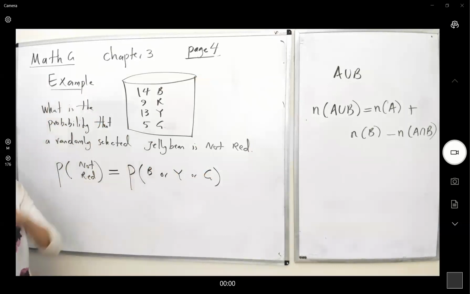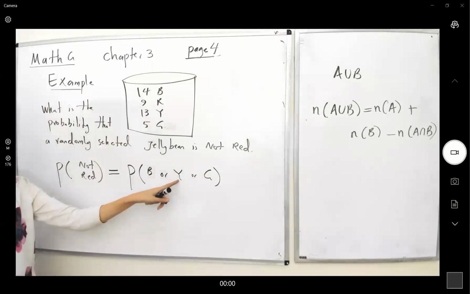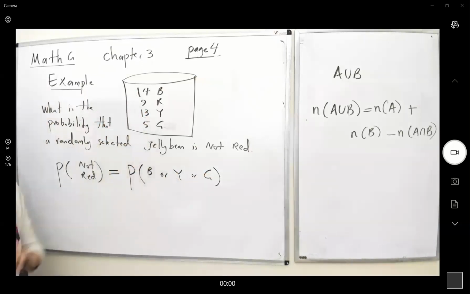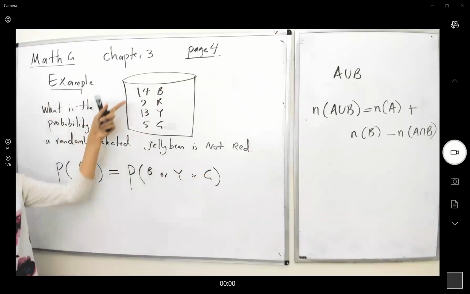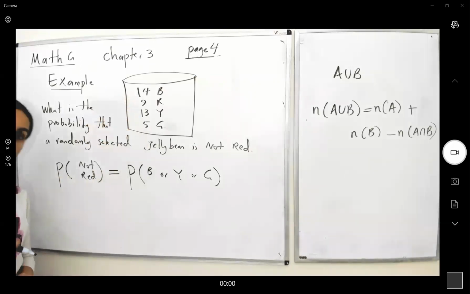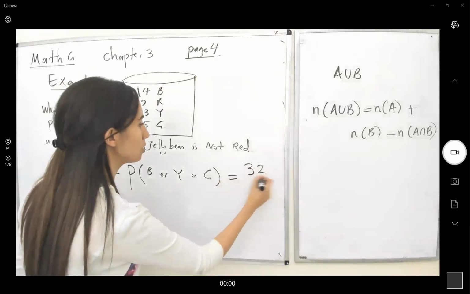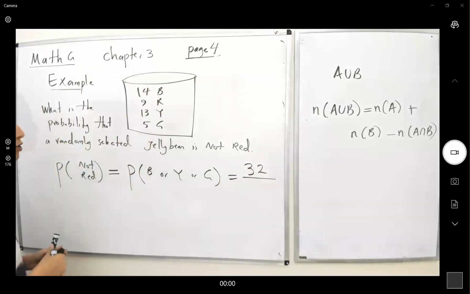So what's the probability that the jelly bean is actually black? 14. What's the probability that the jelly bean is yellow? 13. What's the probability that the jelly bean is green? It is 5. So 13 plus 14 is 27, and 27 plus 5 is 32. So this is 32 divided by how many do you have in total?